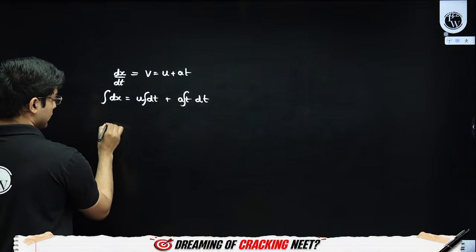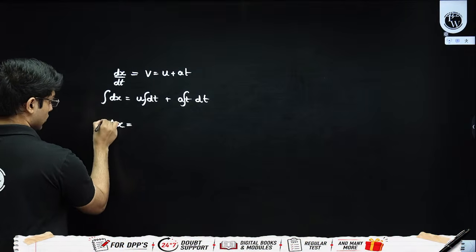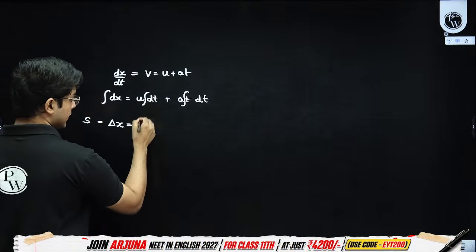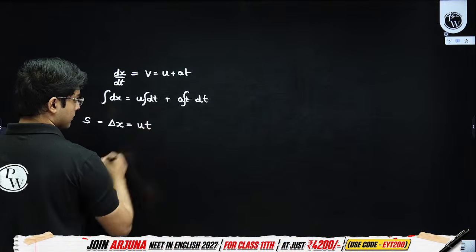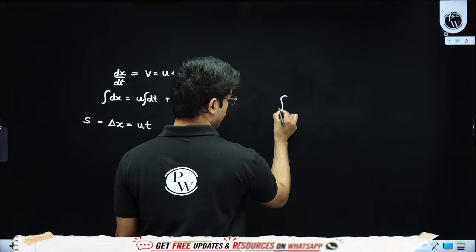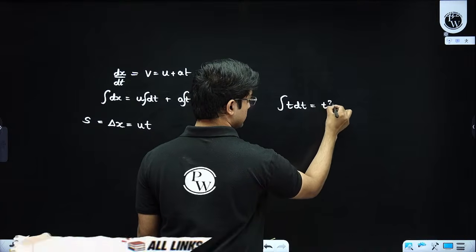Now integration of dx will be delta x, which is also called the displacement. Integral dt is t, so this will become ut. Integration of t dt is t square by 2.